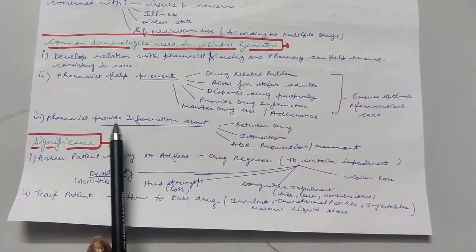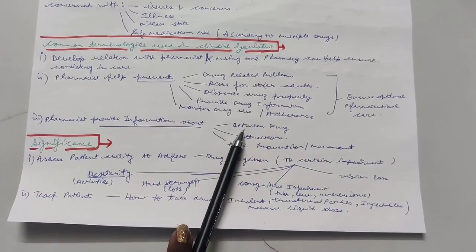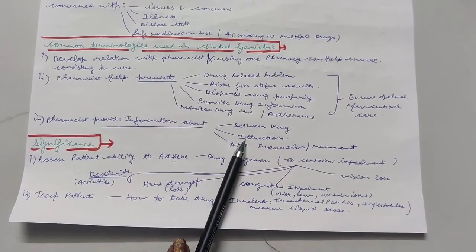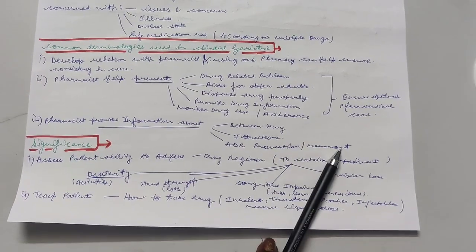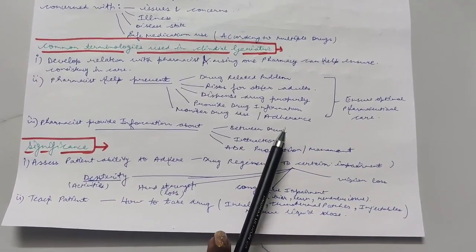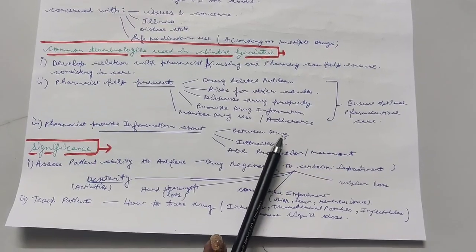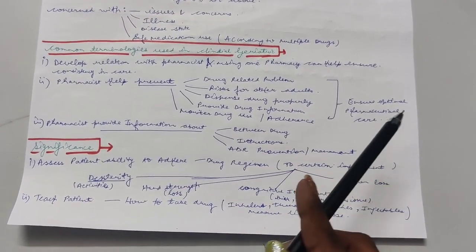Also, the pharmacist should provide information about the drugs, their interactions, ADR, prevention, and management. If any drug is given to the elderly patient, polypharmacy mainly occurs, as multiple drugs are given.